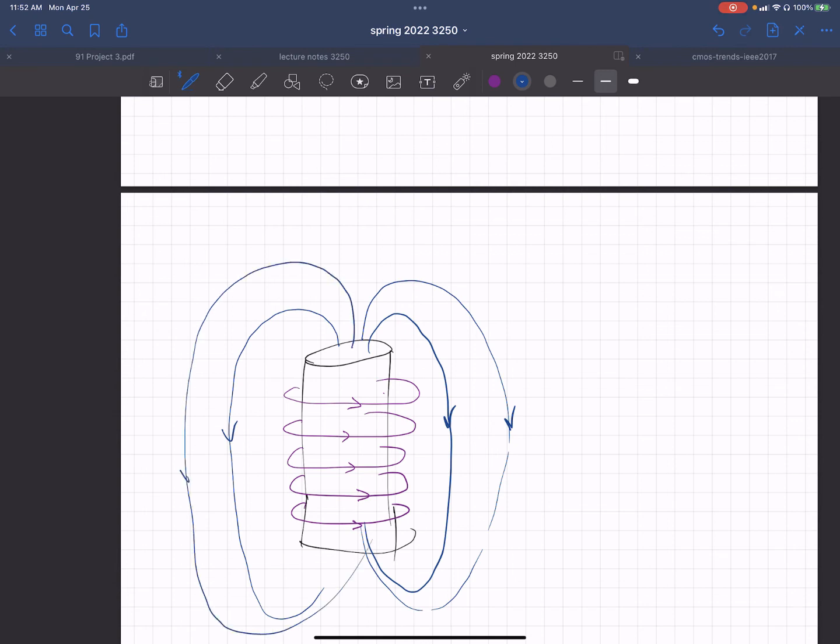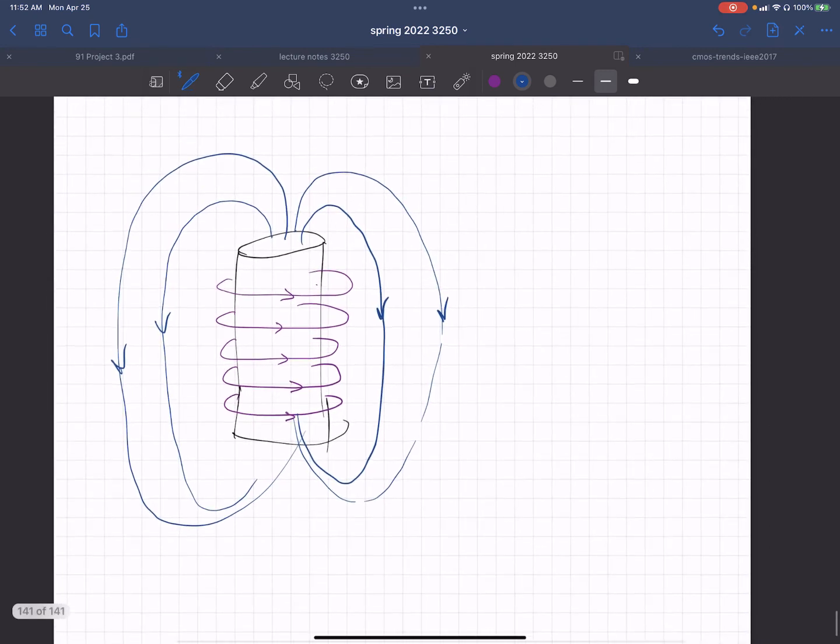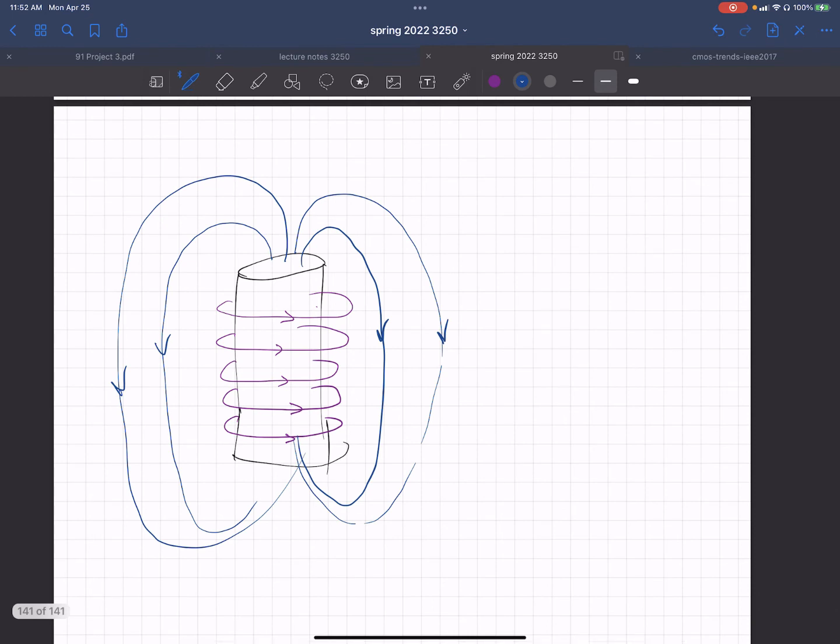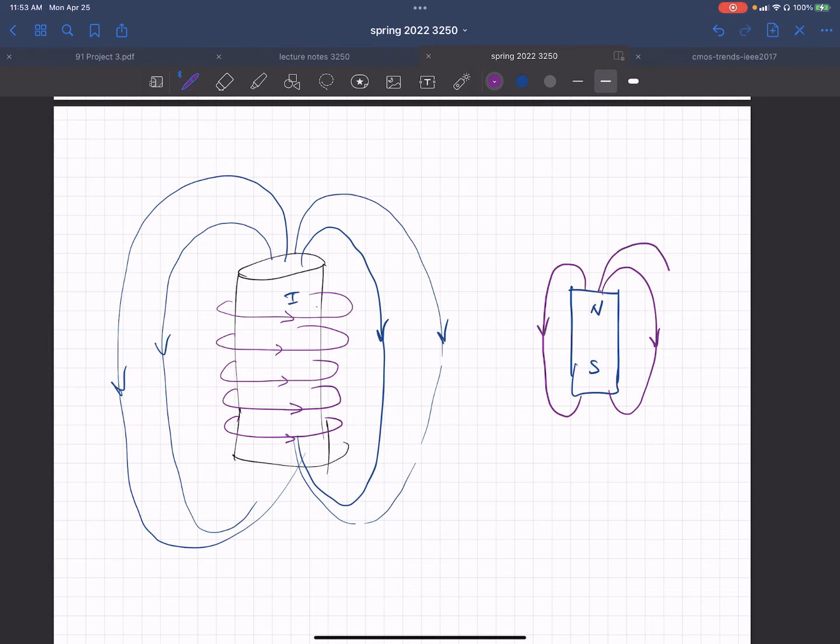And not drawing these too carefully, this looks a lot like a situation of having a bar magnet with a north and south, similar to these currents going around.